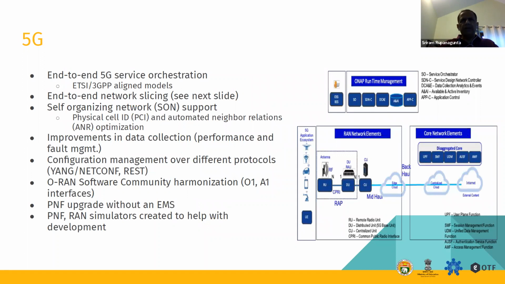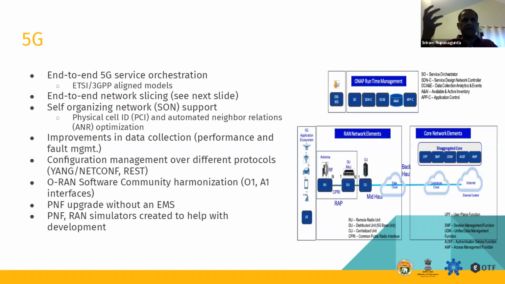Lastly, 5G. So there are multiple vendors who have developed 5G, which are either virtualized or containerized, though we see a lot of them using the containerized framework for 5G. So again, ONAP allows you to orchestrate them. For example, 5G has multiple services, right?